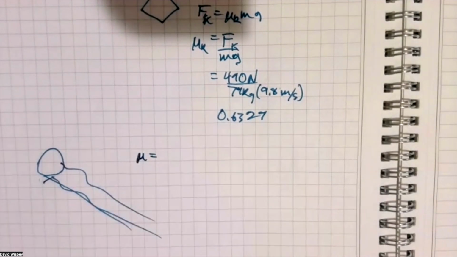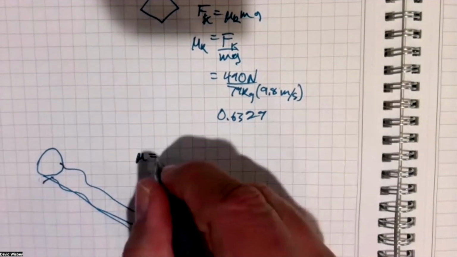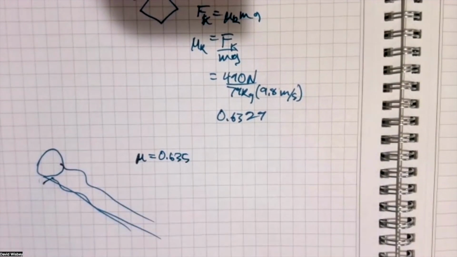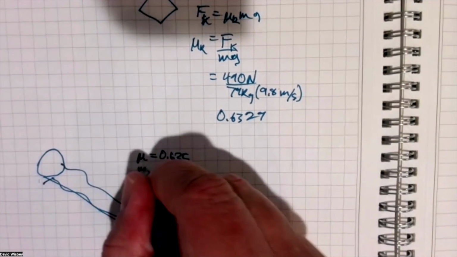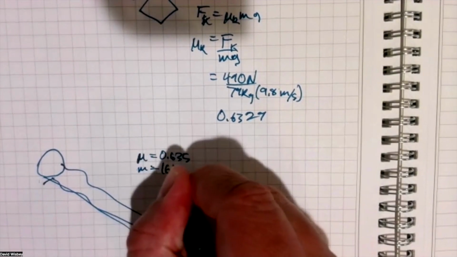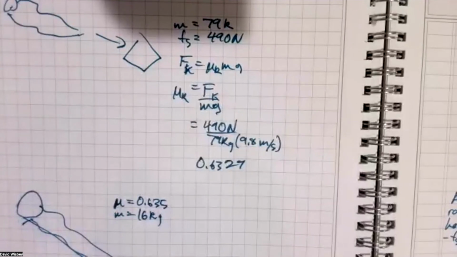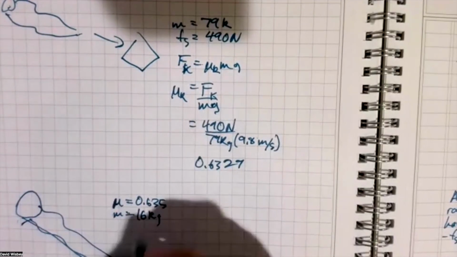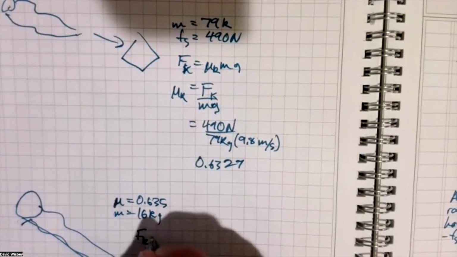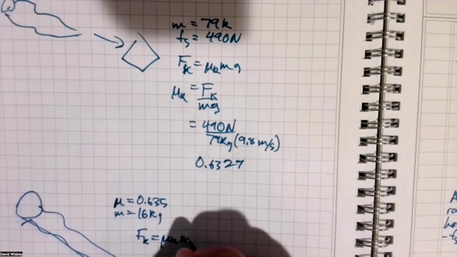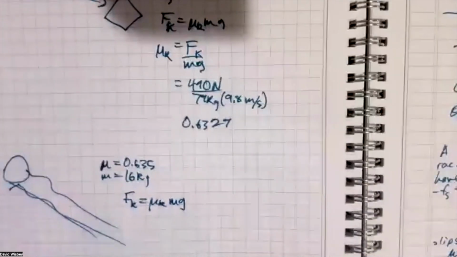They said that this was 0.635. And the stone's mass is M equals 16 kilograms. Well, then if we want to calculate what the force is to keep it moving, we're just going to use the same expression that we did before. So mu_k times M times g.